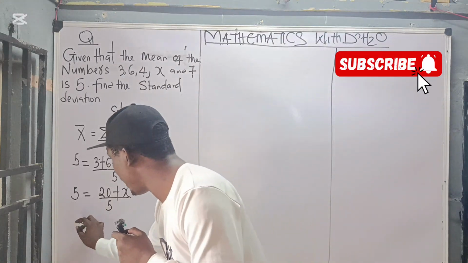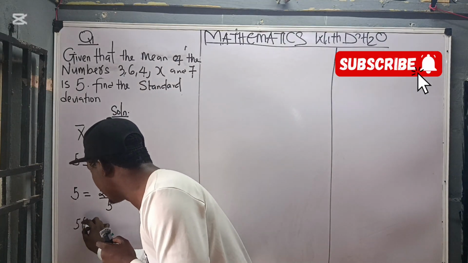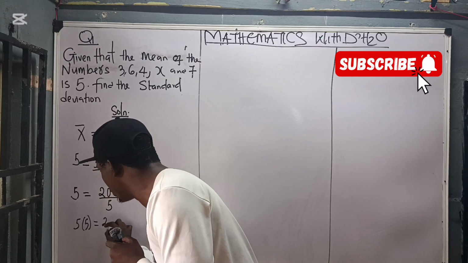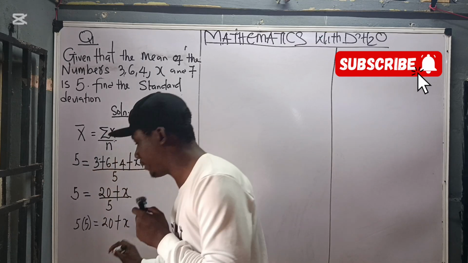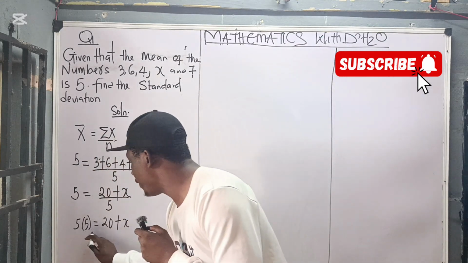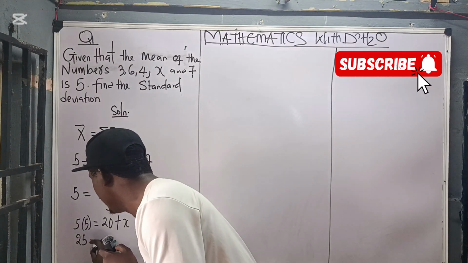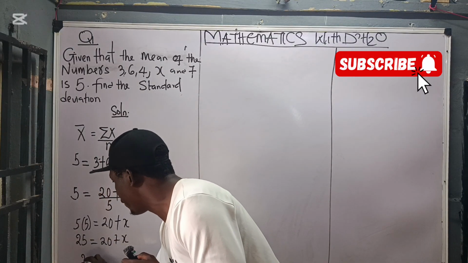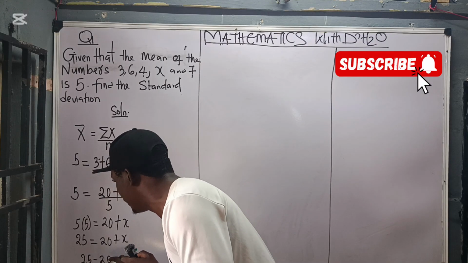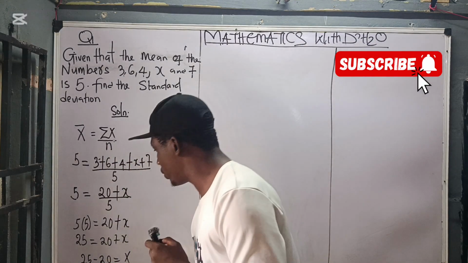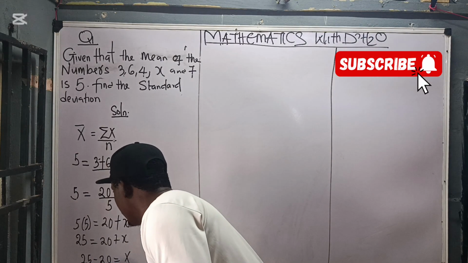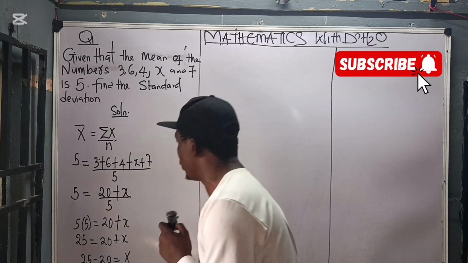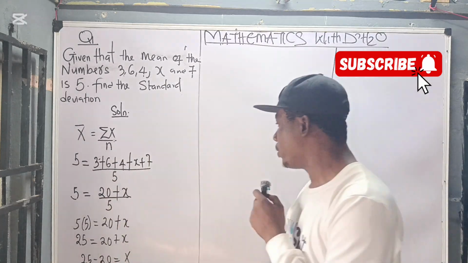I have 5 times 5 equals 20 plus x. So 5 times 5 gives us 25 equals 20 plus x. So we collect like terms. 25 minus 20 is equal to x. Simply, x is equal to 5. Do you understand? So that's for x.